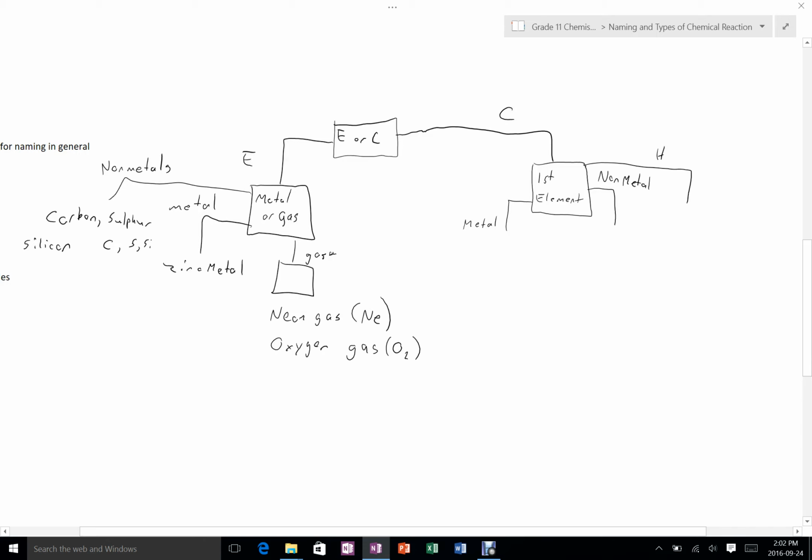So if it's a metal, we have to ask ourselves one more question. Is it multivalent? If the answer here is yes, then we're going to say metal, bracket, bracket, and here we could have the non-metal or polyatomic.